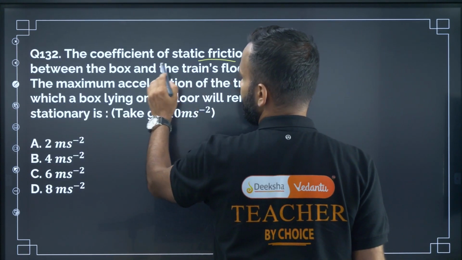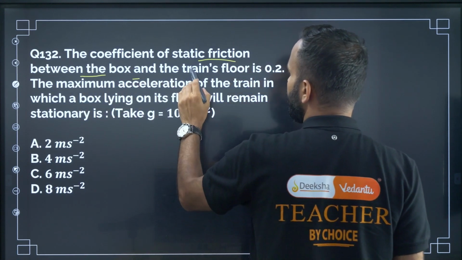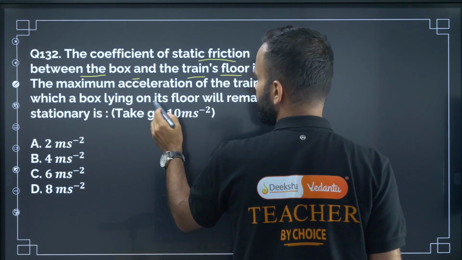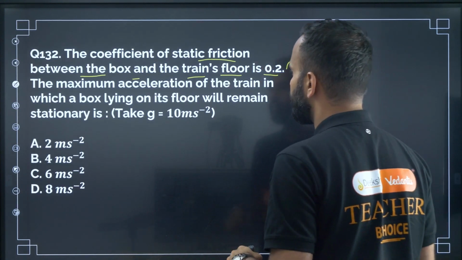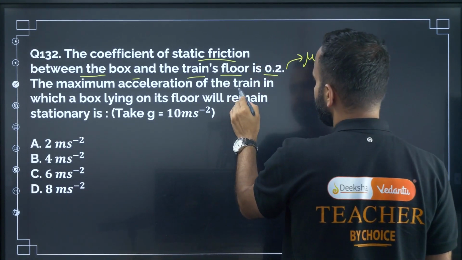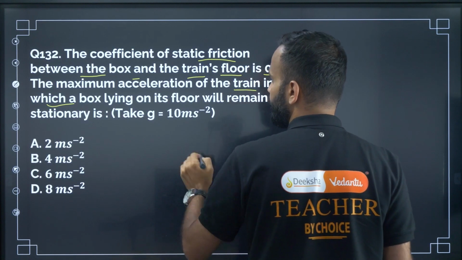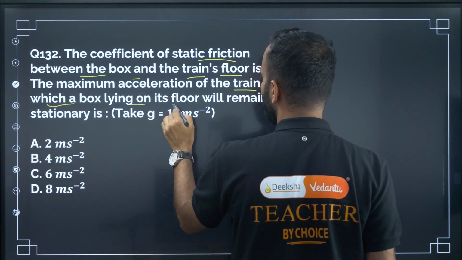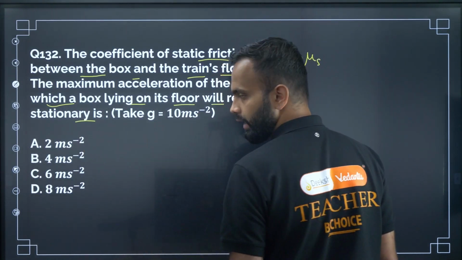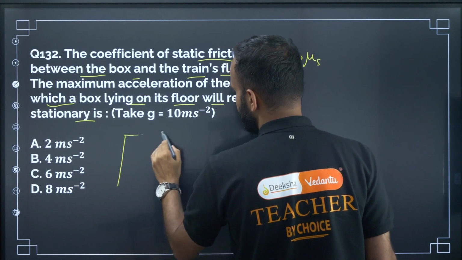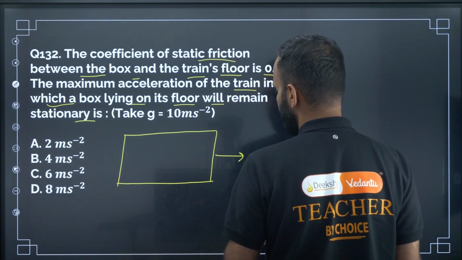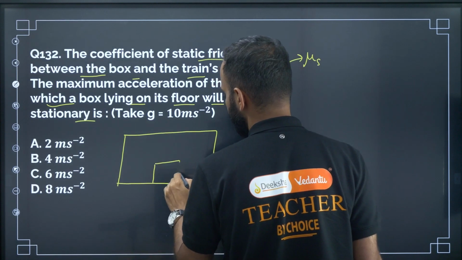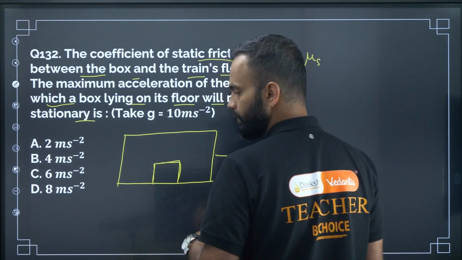The coefficient of static friction between the box and the train's floor is 0.2, that is mu s equal to 0.2. The maximum acceleration of the train in which a box lying on its floor will remain stationary is... So this is the train, moving with acceleration a, and the box is lying on the train's floor.